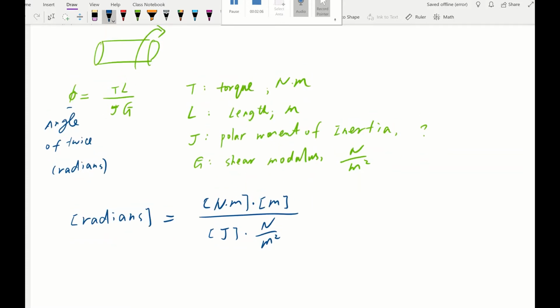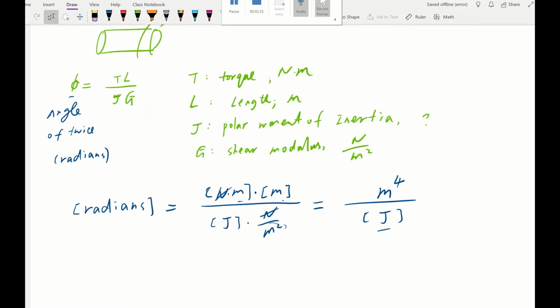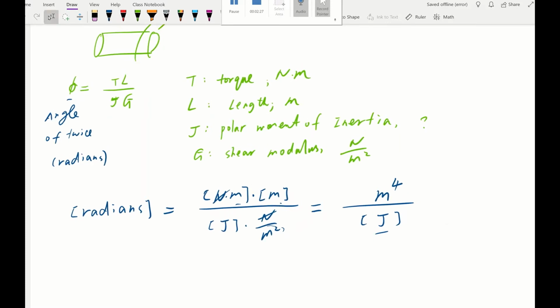So I will continue to work on my right-hand side. I have Newton, and Newton can cancel out. Then I have meter square on the top, and 1 over meter square at the bottom, so basically it becomes meter to the power 4, over J. Again, you're solving for J. Now let's look at left and right hand. They have to have the same dimension. Left hand is radians, which means dimensionless.